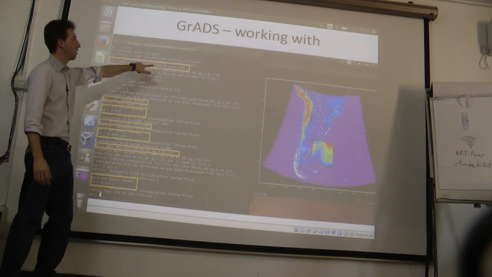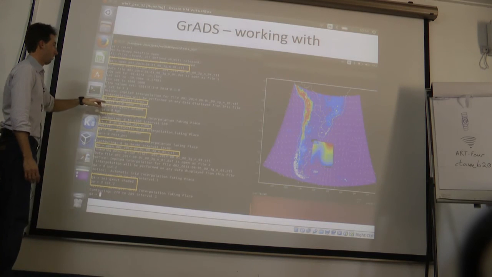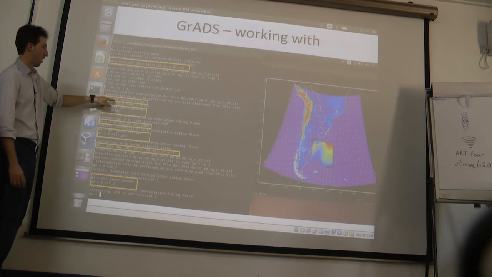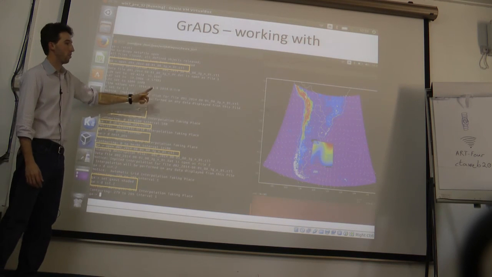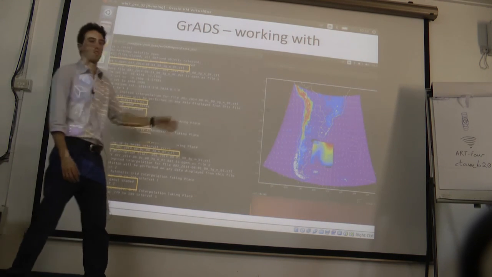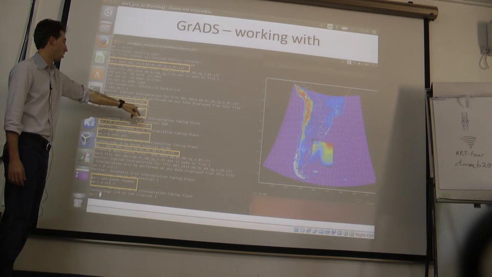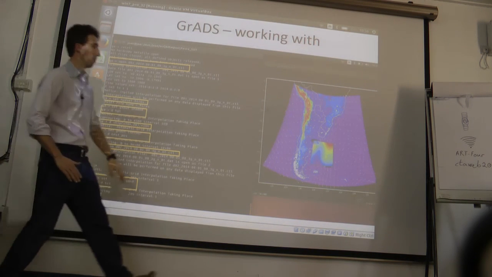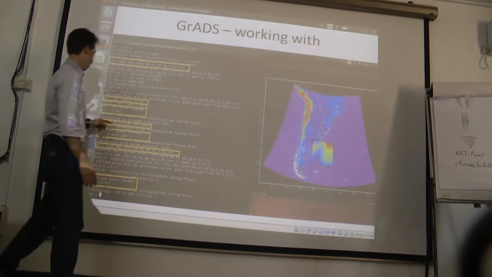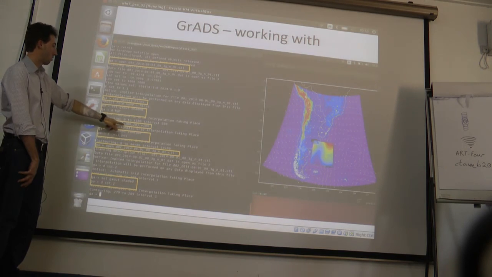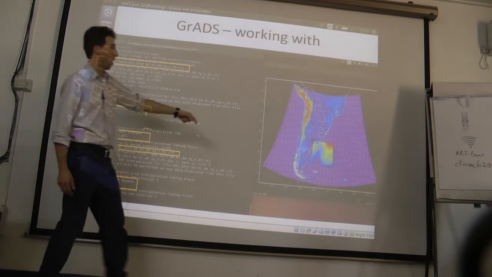So you just open the CTL file, and then you make only a few commands, like set map hires to get a high resolution map, set gxout shaded to make a shaded plot, and then, for example, plot the U and V arrows.